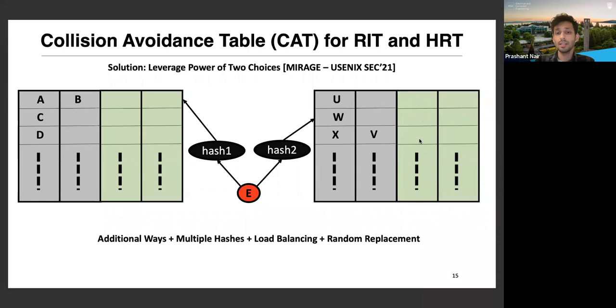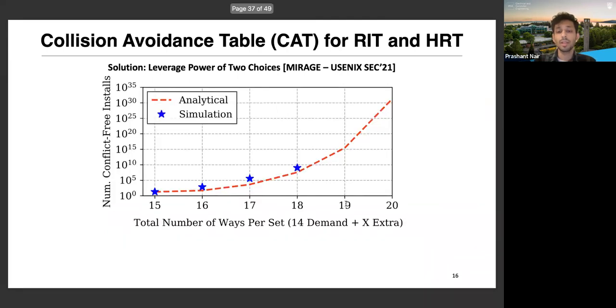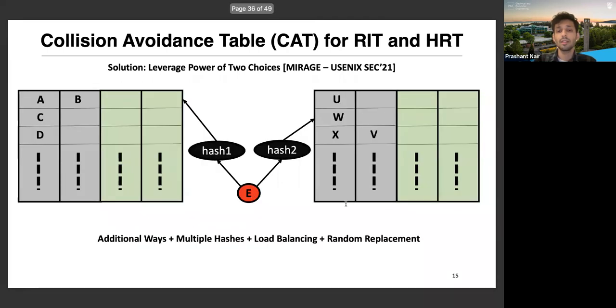In this case, the entry could go to the left-hand side, A and B, or towards the right-hand side in the same set as W. Because W's set has a lower load, E gets placed into the set where W is present.